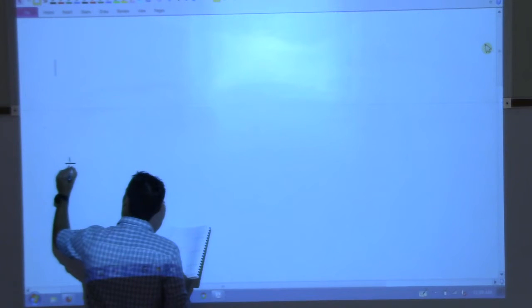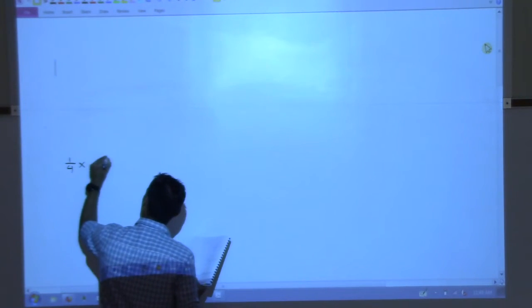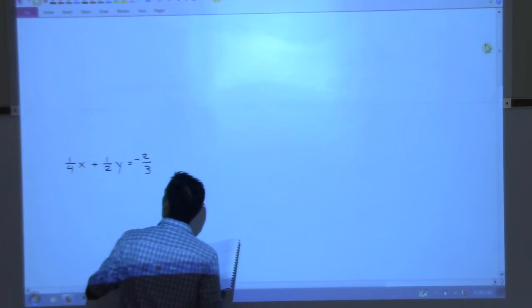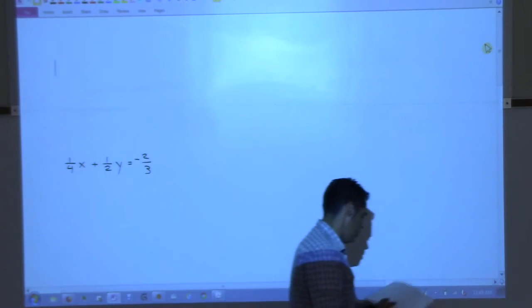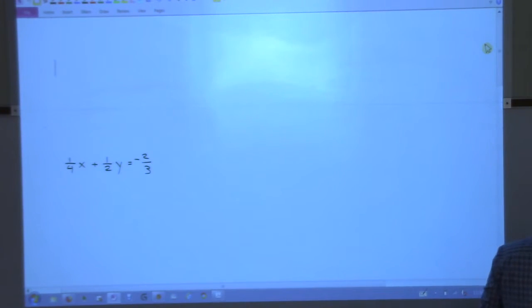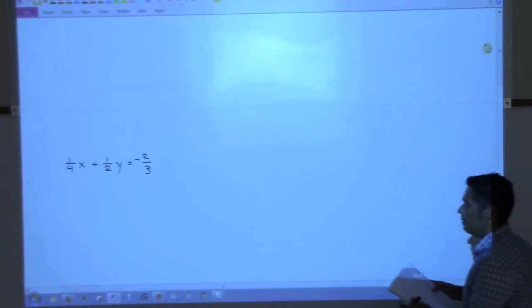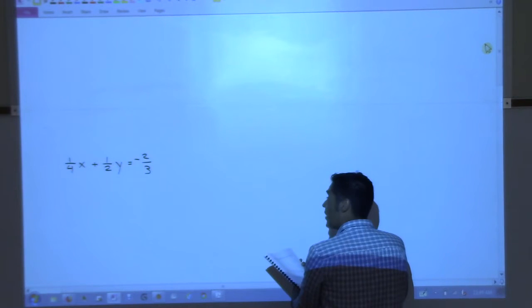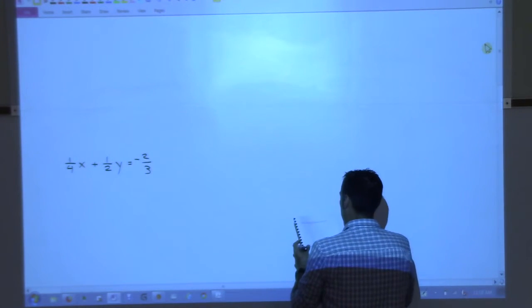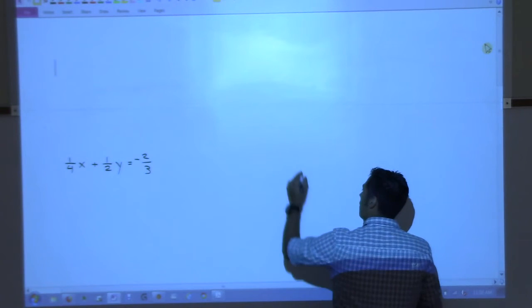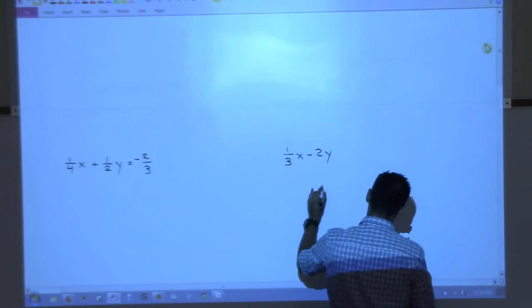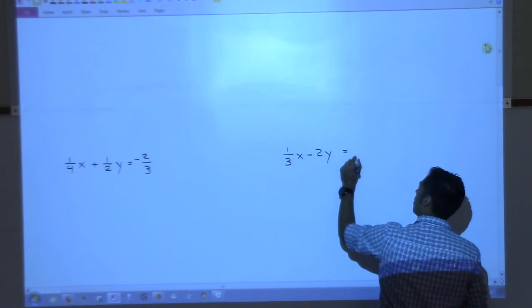All right, 1/4 x plus 1/2 y equals negative 2/3. I'd like for you to sketch that however you wish to. And then the next one, these are not necessarily that one of them's harder than the other or anything like that. 1/3 x minus 2y equals 2/3.